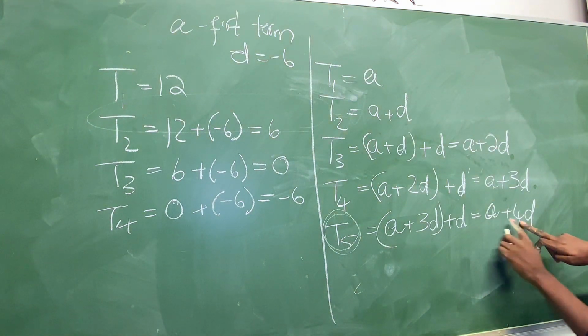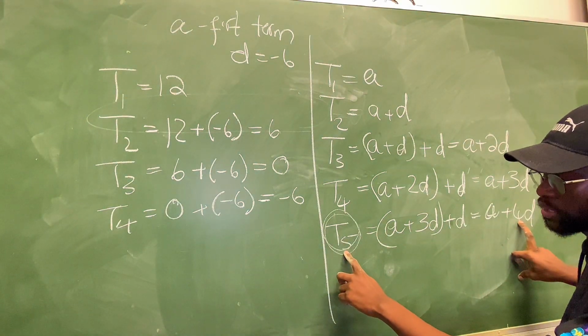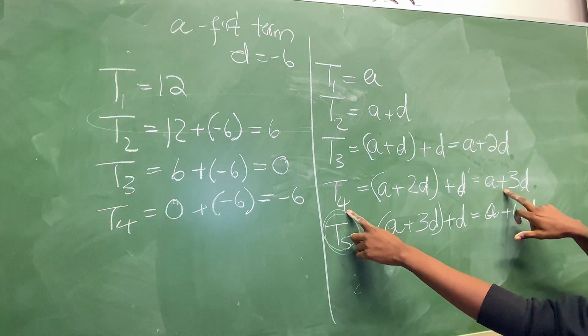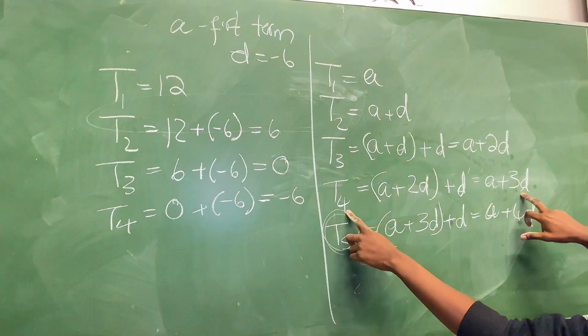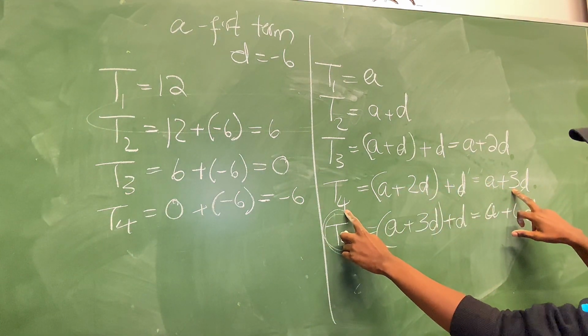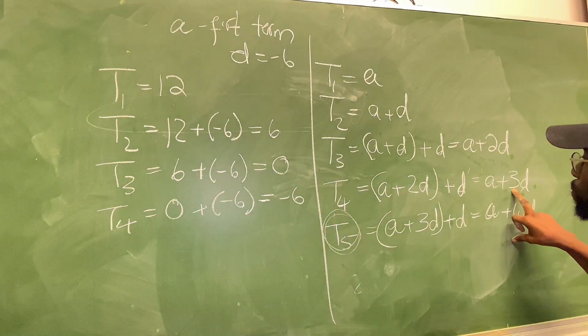Always this value will be one less than the position of the term. If you want T4, you will get A plus 3D. 3 is one less than the position of your term.